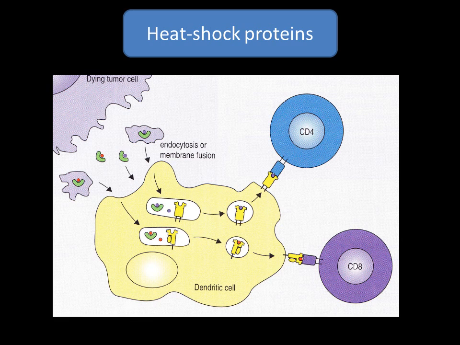The basic idea is to isolate dendritic cells from a patient's blood and load them with heat shock proteins isolated from the patient's tumor or with defined tumor antigens. Thus charged, the dendritic cells will be replaced in the patient's circulation, where they will home to the secondary lymphoid tissues and initiate a tumor-specific immune response.